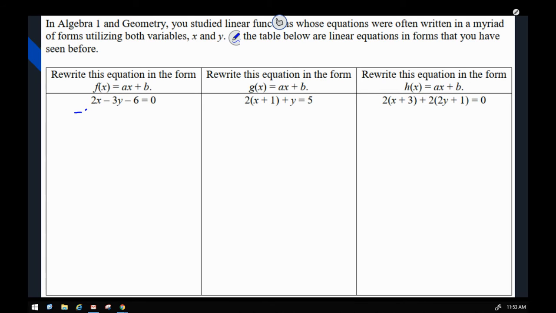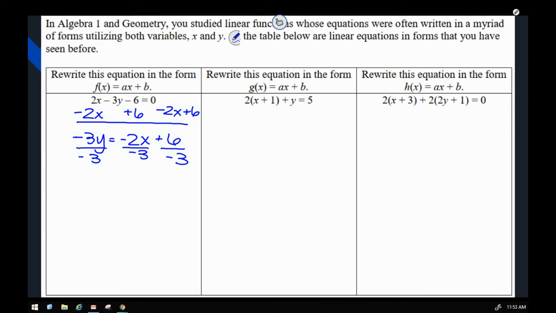In the first one, I'm going to subtract 2x and add 6 to both sides, and divide every term by negative 3. So you get 2/3 x minus 2. We're going to replace that y with f of x.